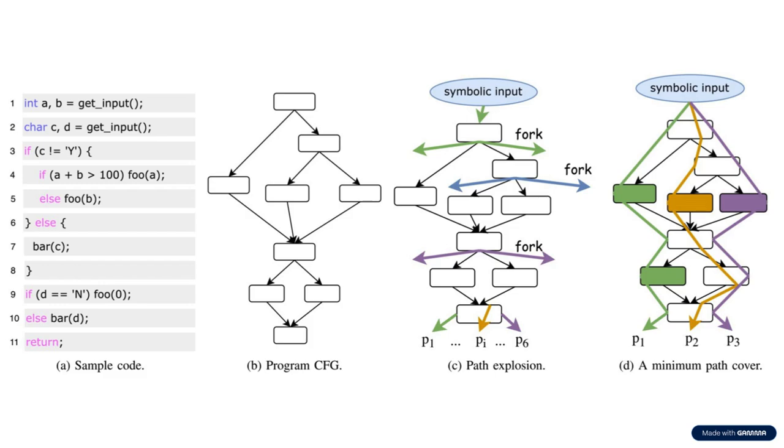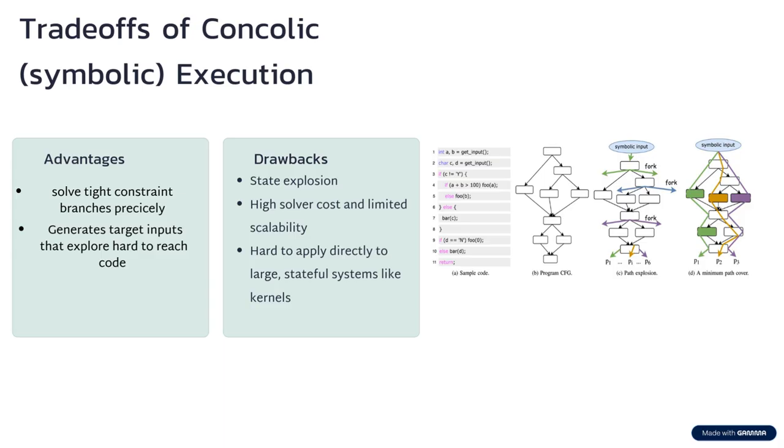Each path must store its own constraints, each path requires a different solver query, and each solver query becomes more complex as more conditions accumulate. So the problem isn't just that there are a lot of paths, it's that each path also becomes computationally expensive to analyze. This leads to the second drawback, which is the solver cost, and it limits your scalability.